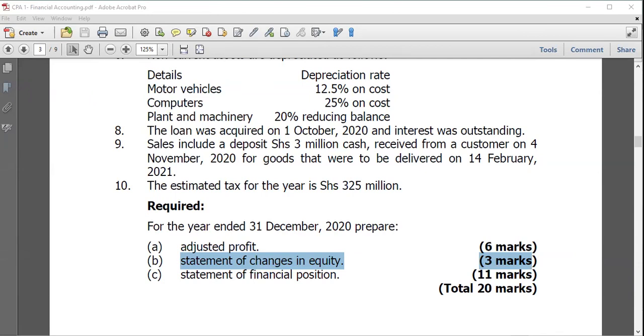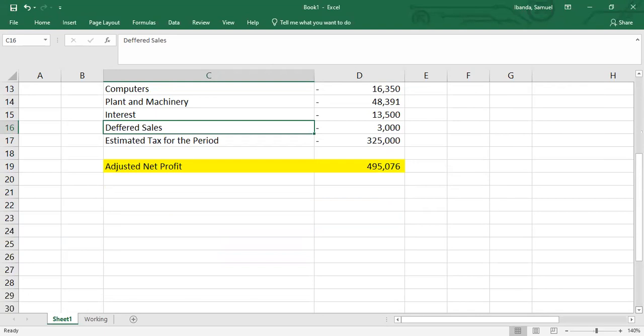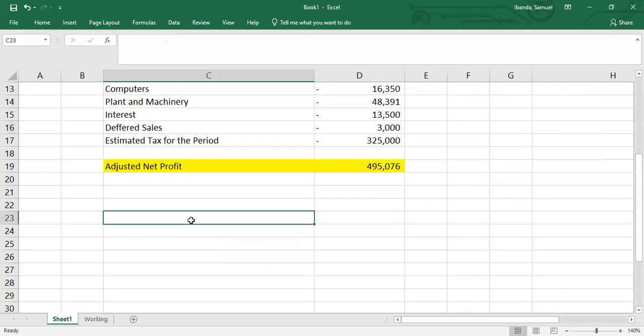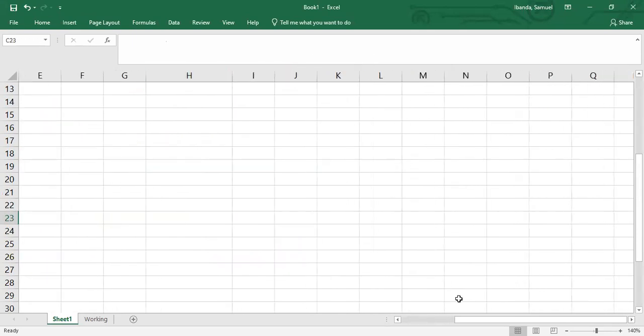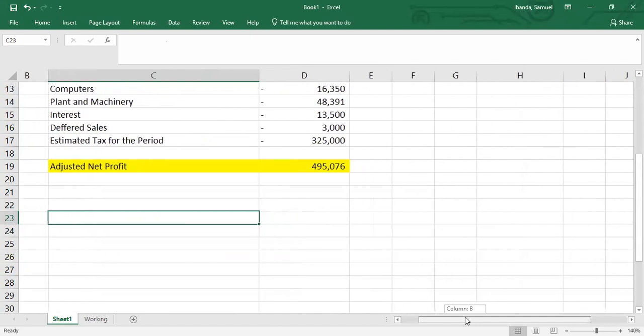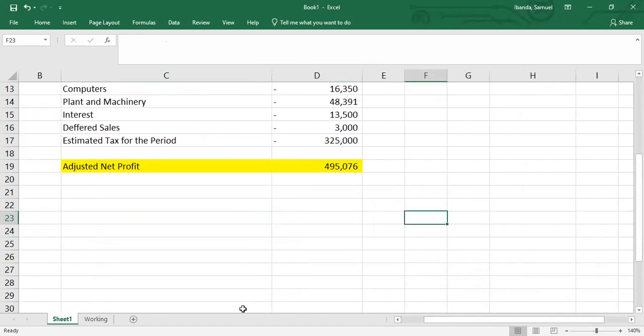So I'll just use this opportunity to draw for you how your format would look, especially for this question. Okay, just like any other account, the statement of changes in equity will have a heading.